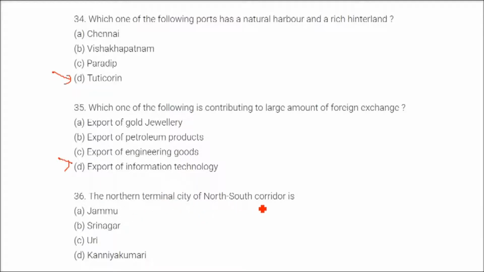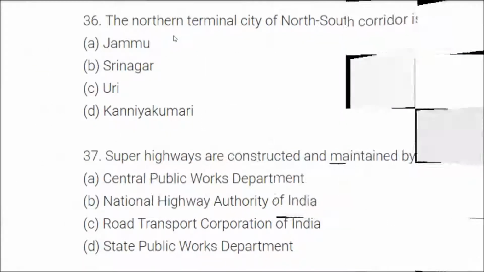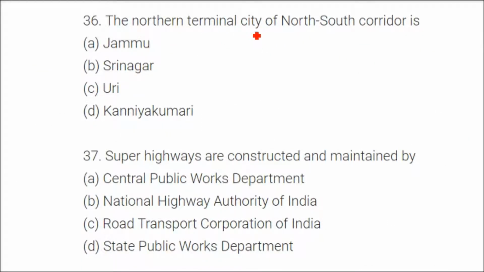The northern terminal city of the north-south corridor is Kanyakumari. Superhighways are constructed and maintained by the National Highway Authority of India, NHAI.